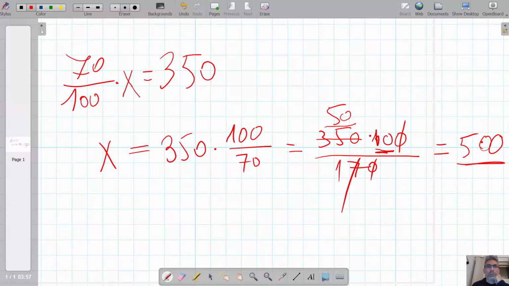Because if 70% of something is 350, that something cannot be smaller than 350, it has to be bigger. So it cannot be 50. Okay, so it's 500.